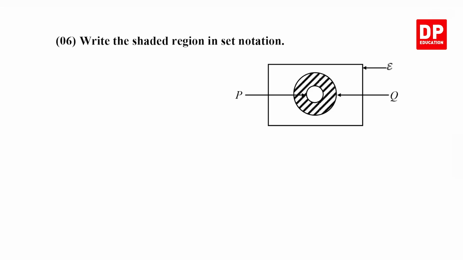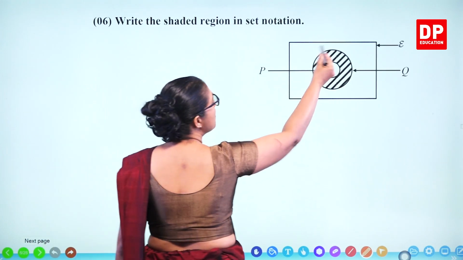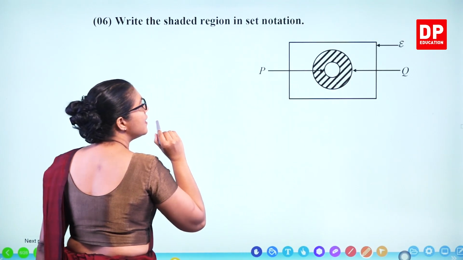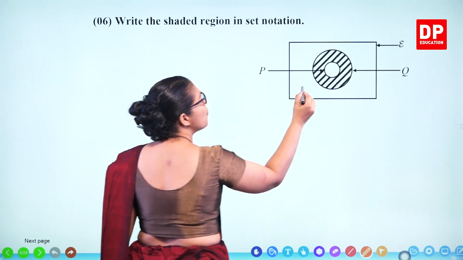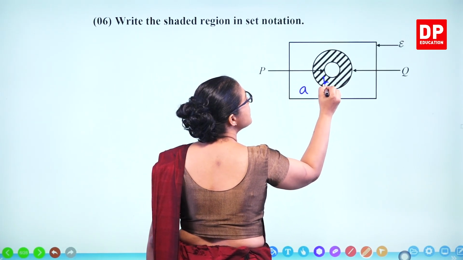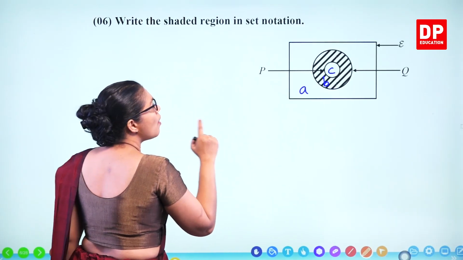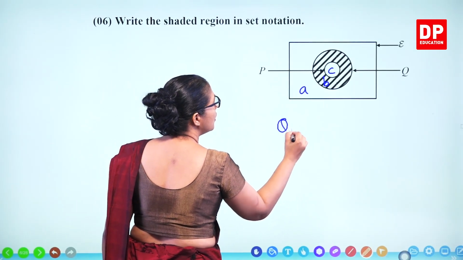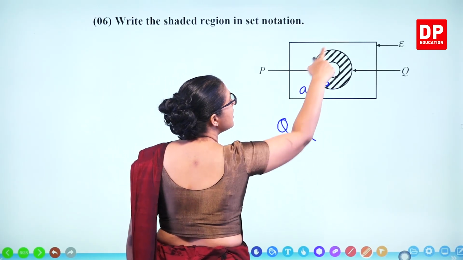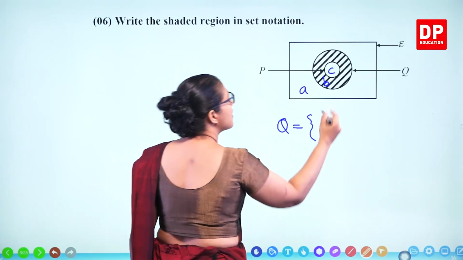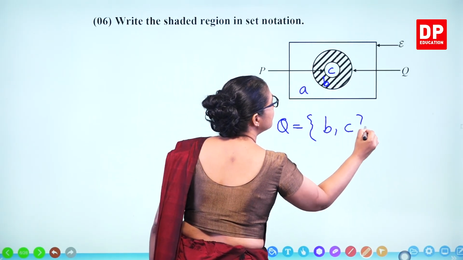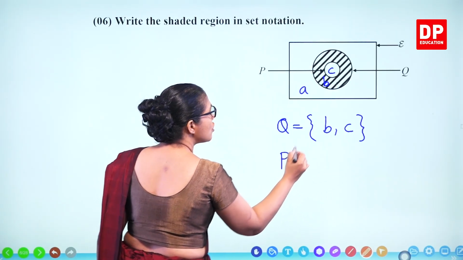Question number 6. Write the shaded region in set notation. Q is the bigger one, P is the smaller one. If you can't figure it out at once, you can put letters and see. Q is inside this big circle, B and C. What's P dash?